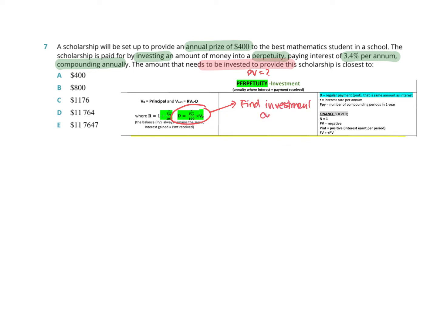Okay, so we can't use our finance solver for this, so off we go again. It would be another example of that. And if we just go through the annual prize, so that means that's the payment. So that means that's the D value. So here, write the rule out just to show you. D times VO, and then if I substitute in, it'd be 400 equals, now 3.4.